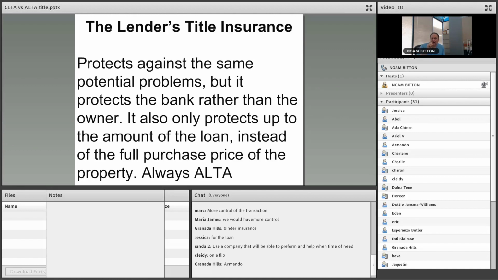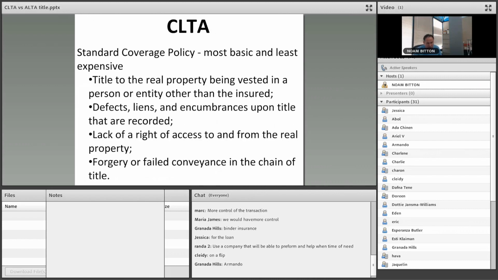However, the lender title insurance, which the buyer pays for, is always for the full amount of the loan, not the full purchase price. So pay attention to that. And remember, I see a lot of people making mistakes on this.